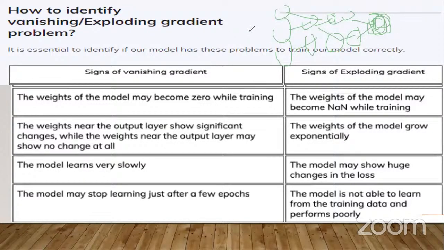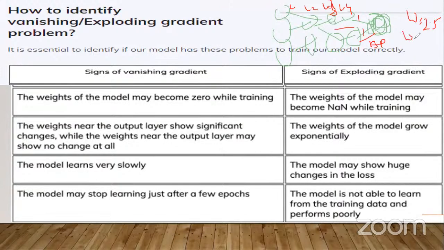Let's say this is layer 1, layer 2, layer 3, layer 4. When I go back during backpropagation and update these weights, the weight difference between layer 3 and layer 4 is not significant. That means the weight at layer 4 was around 2.5.